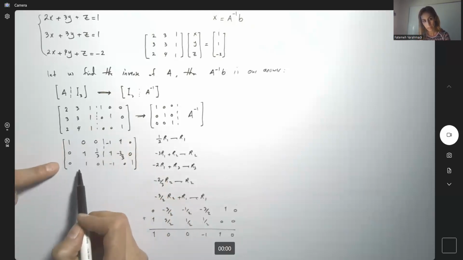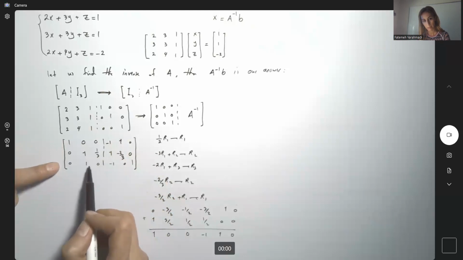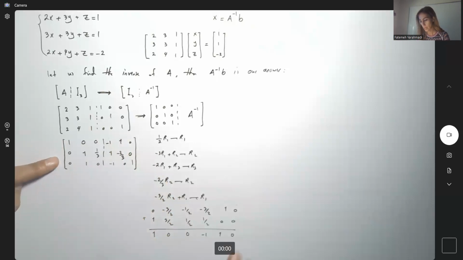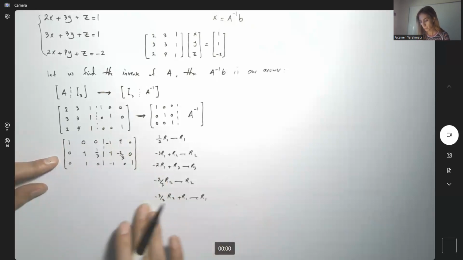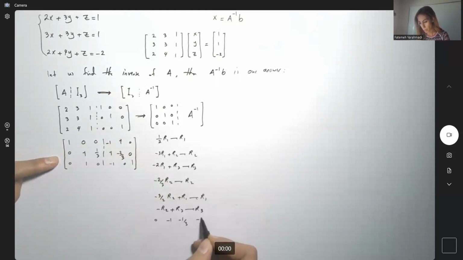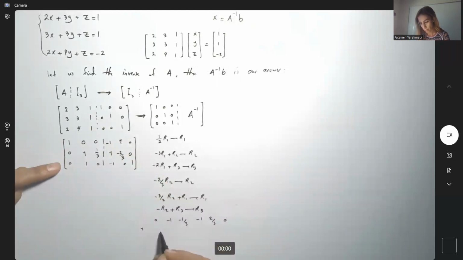So let us move on to this guy here. It must be 0. So let us multiply the second row by negative 1 and add it to the last row. Negative R2 plus R3 becomes my new R3. So 0, negative 1, negative a third, negative 1, 2/3, and 0 plus 0, 1, 0, negative 1, 0, and 1.